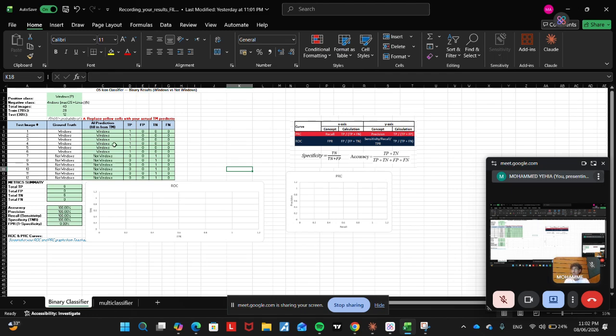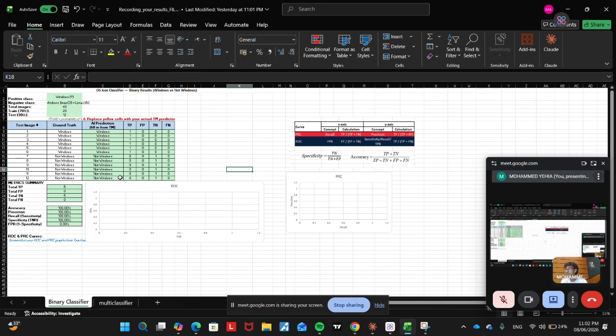For the multi-class classifier, I reported accuracy, a confusion matrix, and training time.